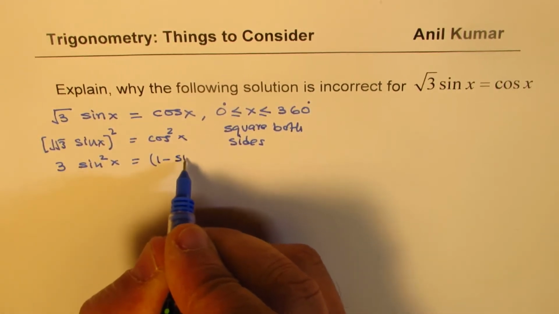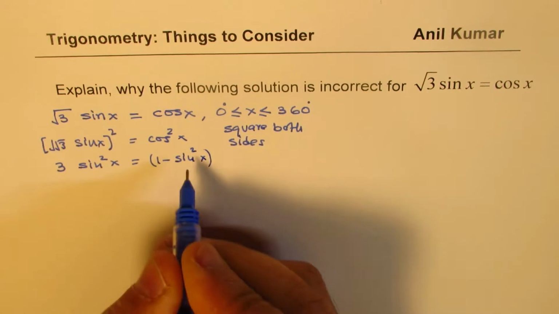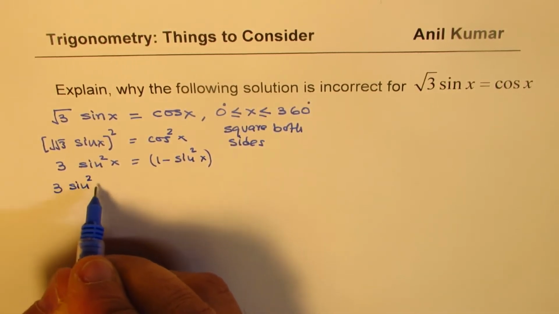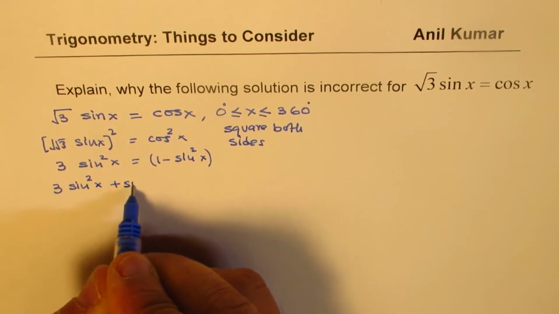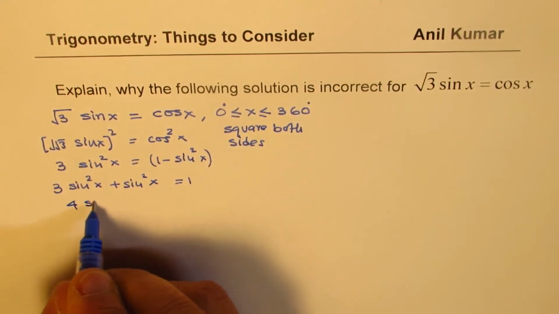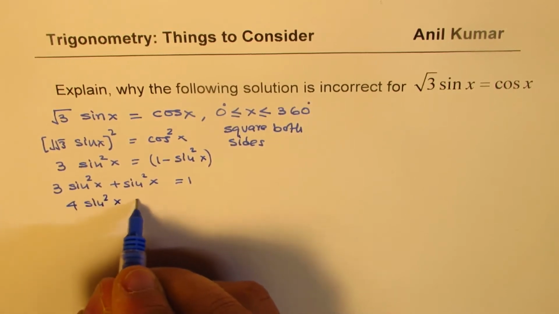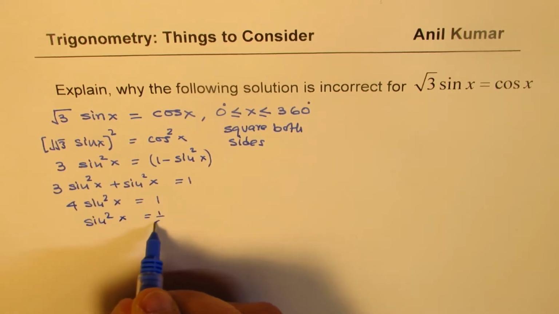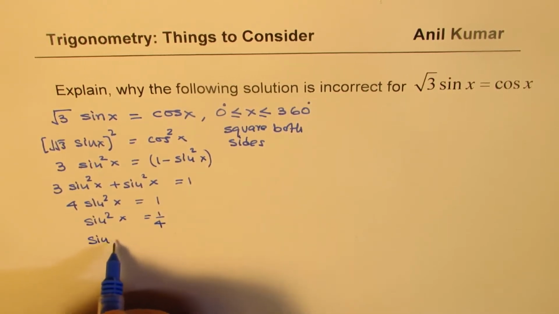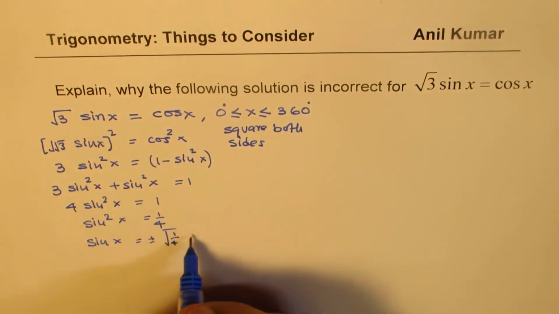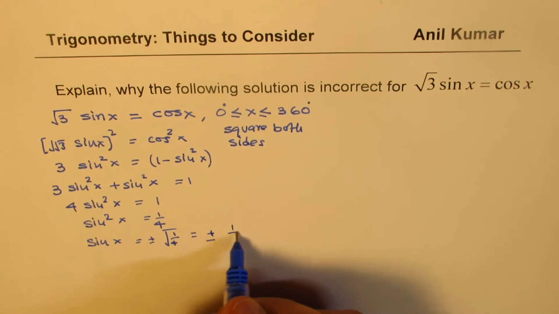I'm writing it as 1 minus sine square x. Bringing it to the left side, we get 3 sine square x plus sine square x equals 1. 4 sine square x equals 1, sine square x equals 1 over 4, sine x is equal to plus minus square root of 1 over 4, which gives me plus minus 1 over 2.